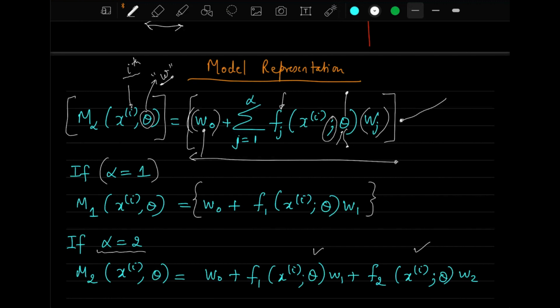And w0 till wj are also tunable. That's why you can write it as some p, where p is a set of theta and w. Ideally it has to be something like this, but I made a mistake. So please note that wherever I say theta, I am actually optimizing both theta and w.